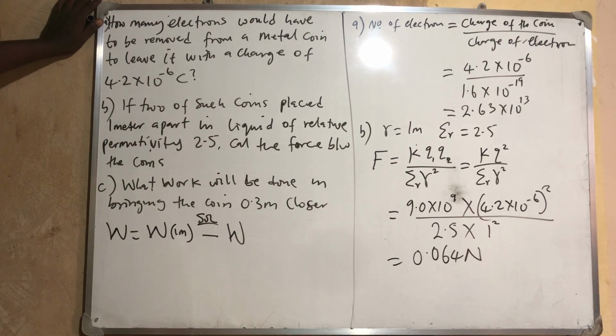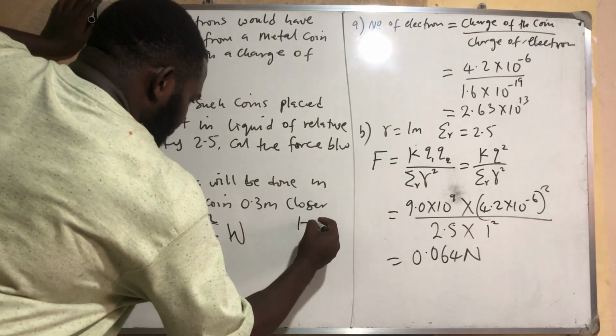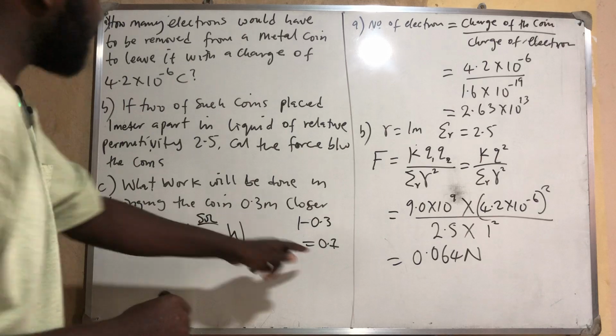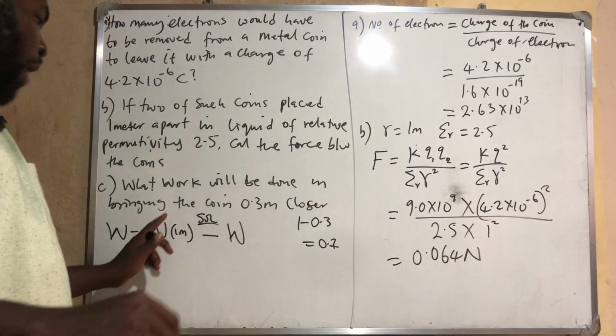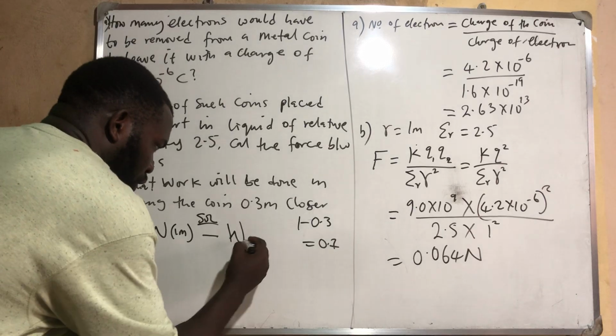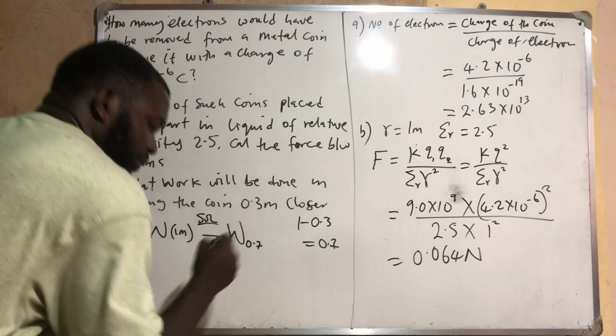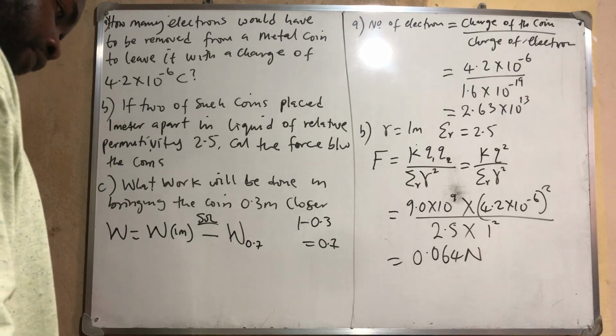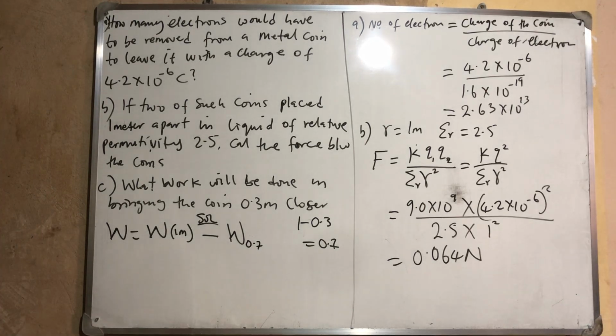If you remove 0.3 from 1, it will remain 0.7. So it is at 0.7 now. So work done when it was at 1 meter, then minus work done when it is at 0.7. Okay, so that is how to calculate that. Let me check if I'm correct. Yes, I'm very correct.